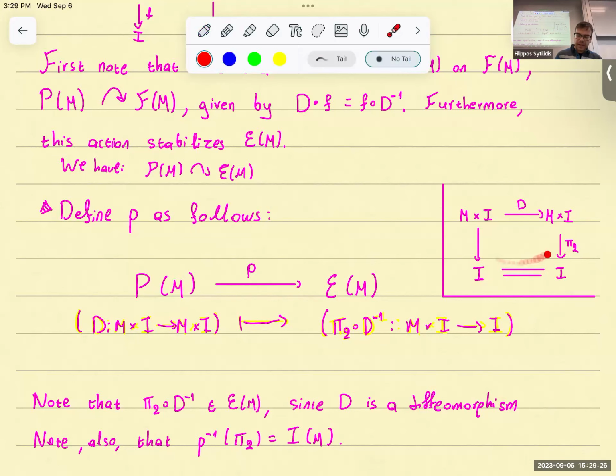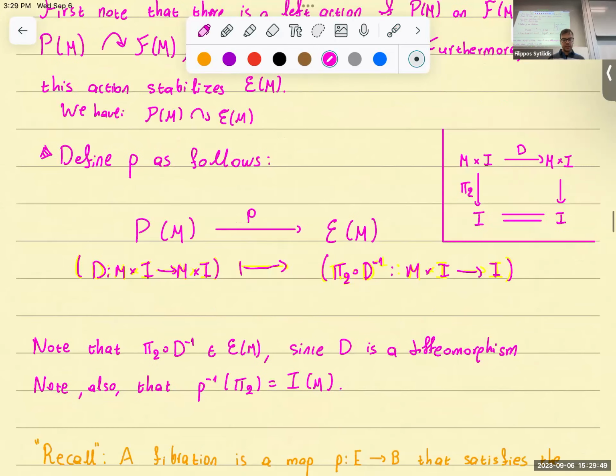I guess there is a schematic of that in this diagram as well. Actually, I think I wrote this diagram wrong. Right, I think that's what I wanted to write.